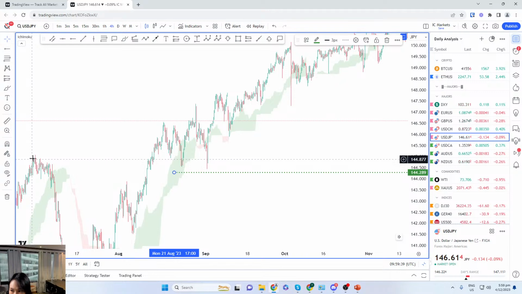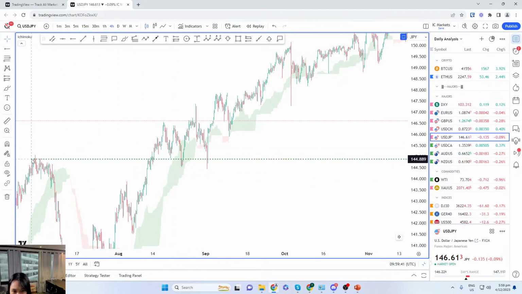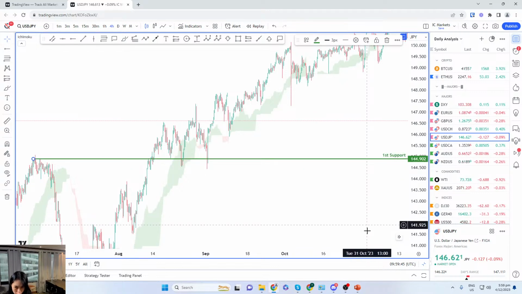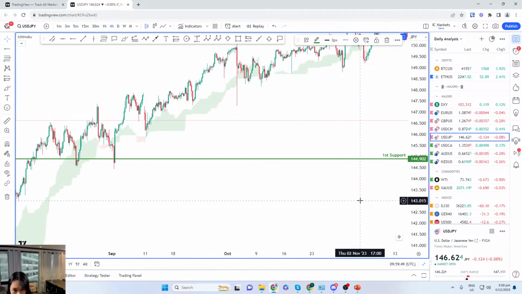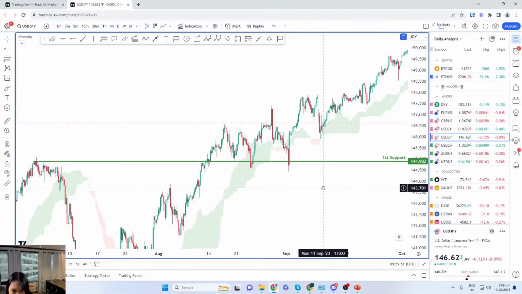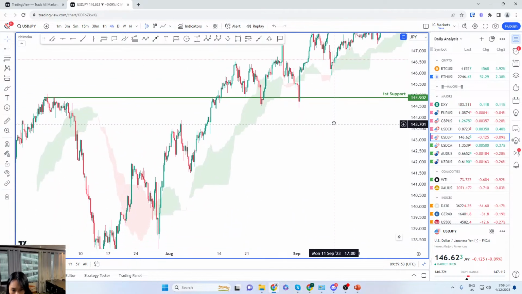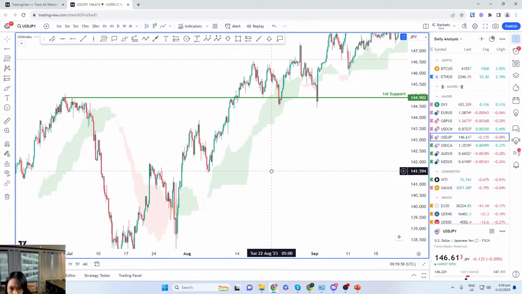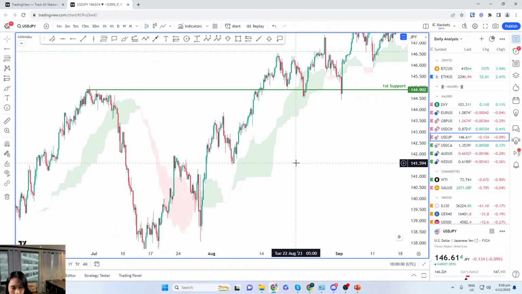It's a little bit far. I think this can be a good support level.